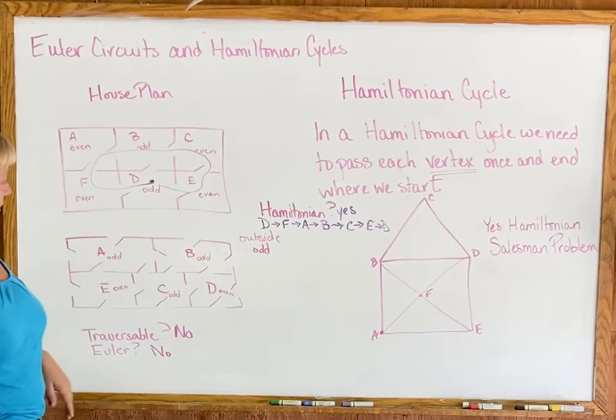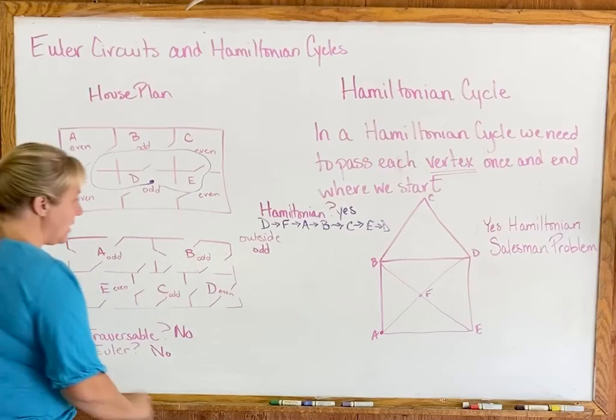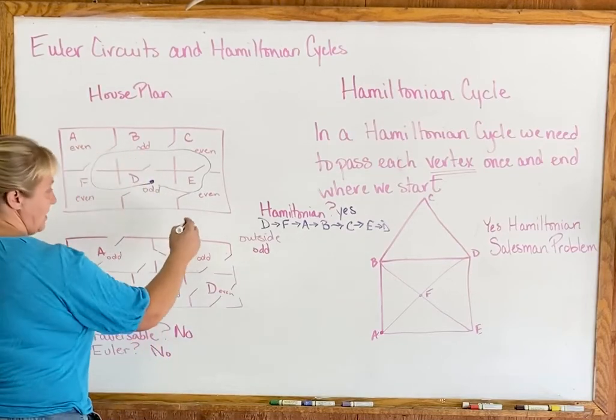Now, on this guy, we've got to remember that we have the outside room to start with, or end with, or whatever you want to say. But remember, you can only go outside once. You can't go in and out and in and out. Once you're outside, that's your one time outside. So the best way to do this would be to start outside.